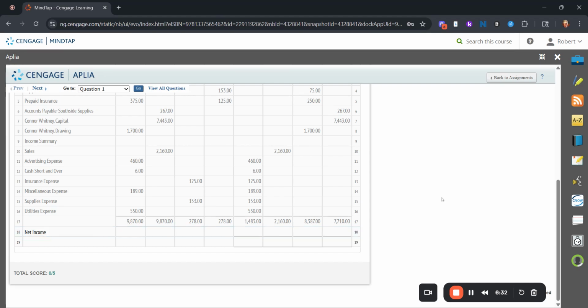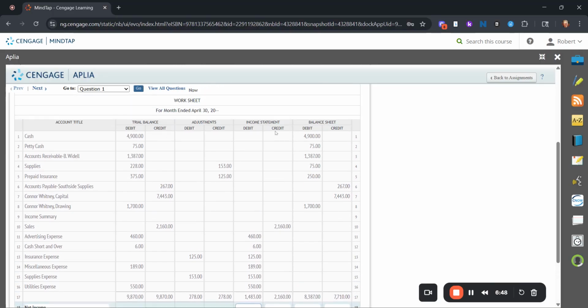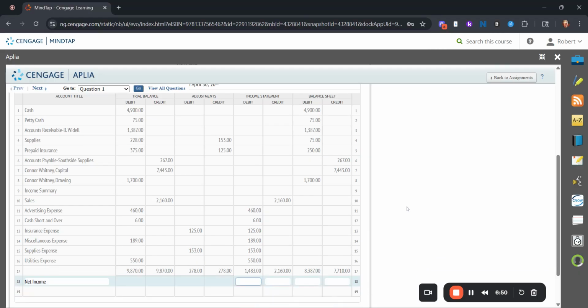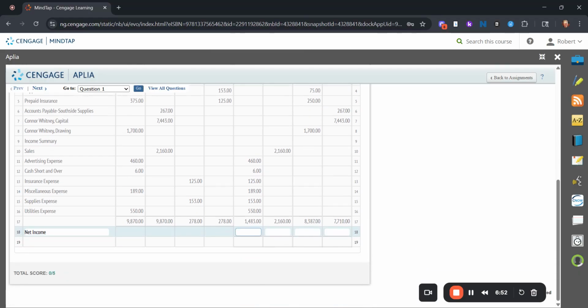Or you can look at the book and look at the example. So notice we have all these other cells that we're going to fill in. So we're going to start with the income statement columns.